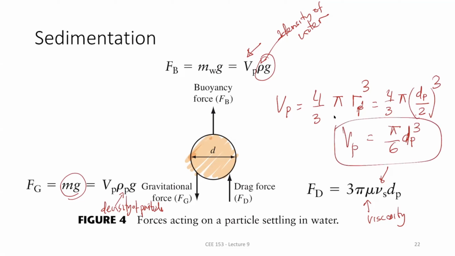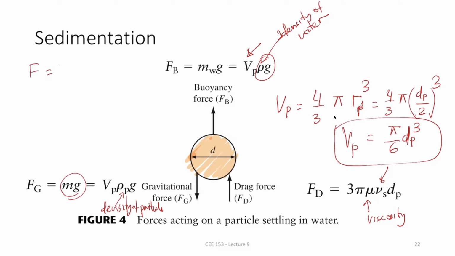If you want to know the velocity, you have to think of when it attains the terminal velocity. Terminal velocity means the net force on the particle is zero. That means there is no acceleration due to gravity, so the net force is zero. I'm sorry, I messed that up.